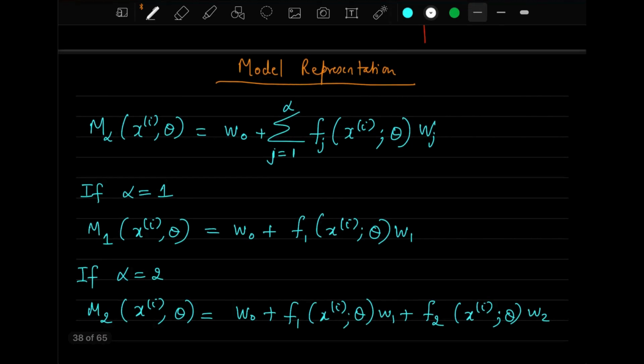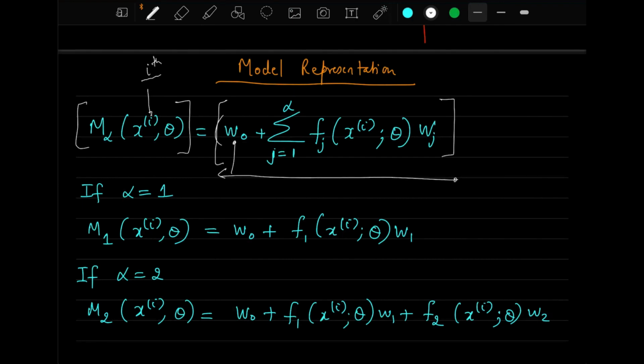what I am writing here is a compact representation of the model M alpha. This is actually a compact representation of what we have discussed earlier. I am writing it as M alpha x_i, where i is the samples. As we have discussed earlier during the back propagation of the neural networks, this is the ith sample. So it is written like this, where w0 is the initial weight or initial bias, and then j is running from 1 to alpha, f_j x_i.